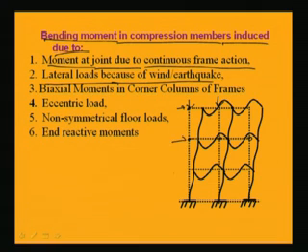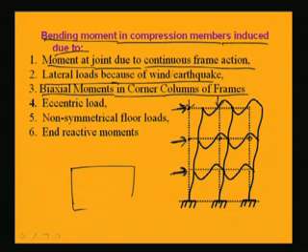If lateral loads are there because of wind or earthquake, we can find out the equivalent lateral load at the beam column joint. Another thing is biaxial moments in corner columns of frames. If we see the plan of the building frame, the column in the corner will develop biaxial moment.